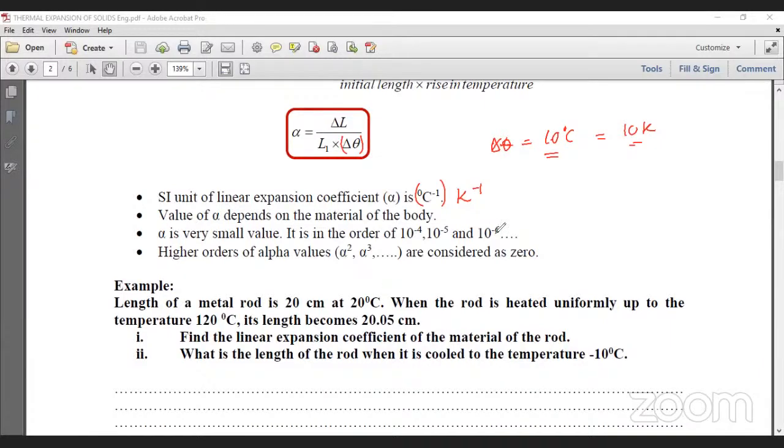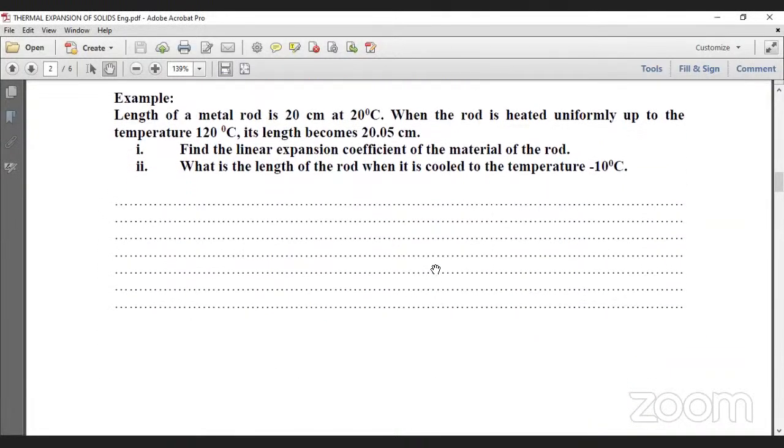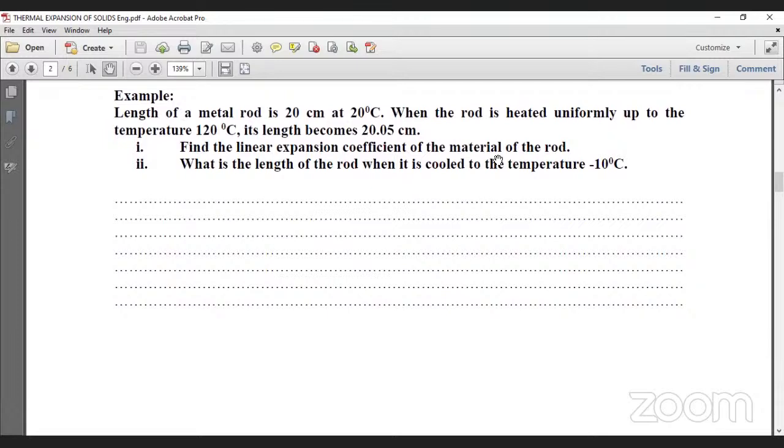Okay, so it depends on the material. We'll go to this example. You can go there and try to do it. The length of a metal rod is 20 centimeters at 20 Celsius. When the rod is heated uniformly up to a temperature of 120, its length becomes 20.05 centimeters.